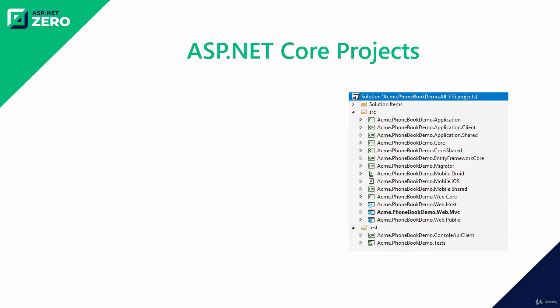Let's take a look at the generated projects. The application project is an important one to start with. It will typically contain those application services, so the backend logic. We will be writing code in there to expose functionality to the client. That is, in fact, a .NET Core class library.